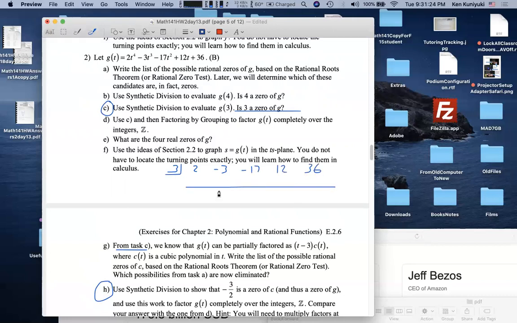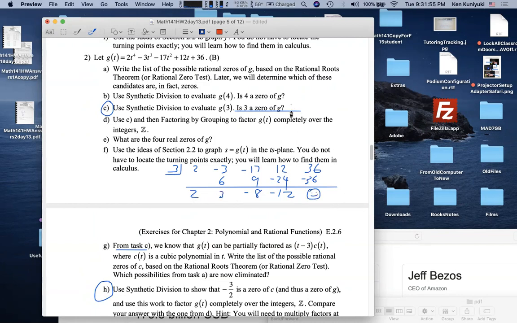Bring down the 2, multiply by 3, add, multiply by 3, add, multiply by 3, add, multiply by 3, lo and behold, add. If I made this bigger, I'd put a little smiley face here. We're good. We like this.